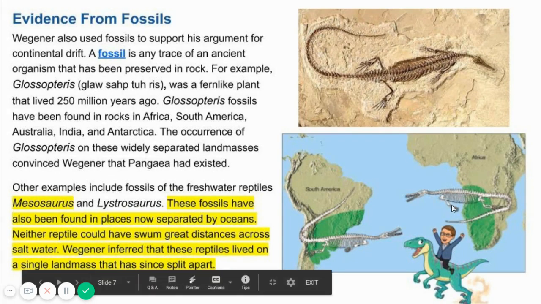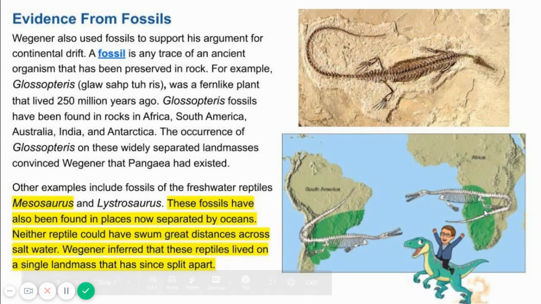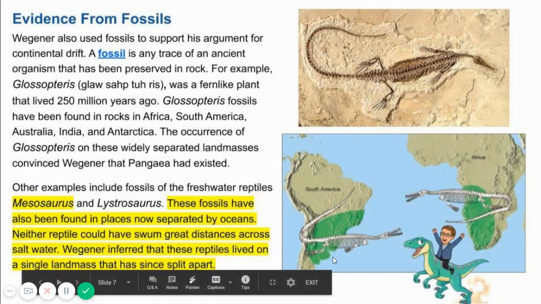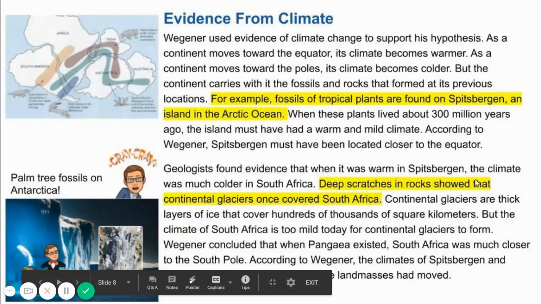Looking at these things, they don't look like big swimmers or ones that could have swum all the way across the Atlantic Ocean, especially if it was a male and a female to reproduce on certain areas. Not probably the best date you could ever go on is to swim across an ocean, being that you need water and food and you can't drink salt water. So not a bad idea, especially when you fit this little part into this little part. These areas where they found these fossils seem to line up beautifully.